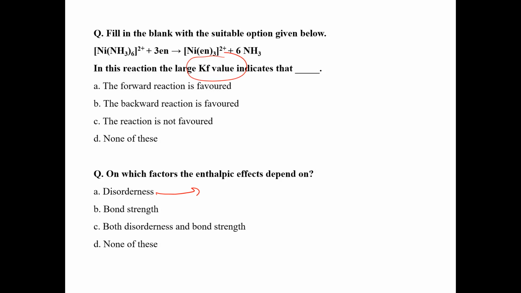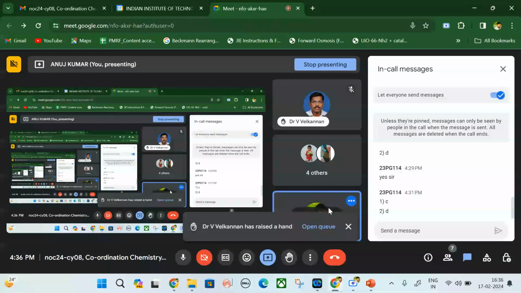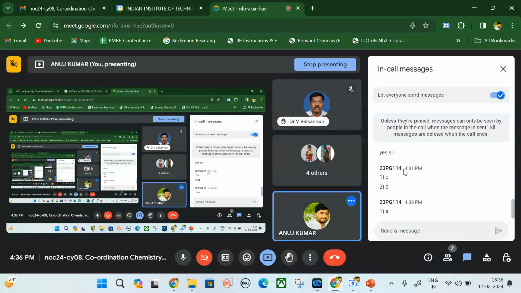Just try to give the answers. Please type in the chat box if you know the answer, or if you have any query, you can also type.